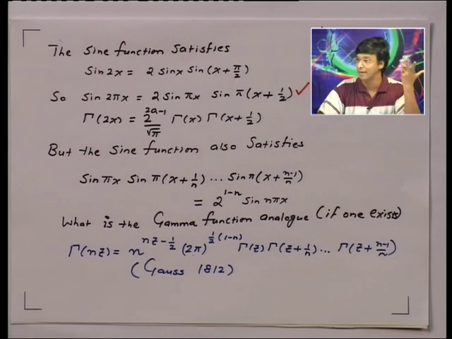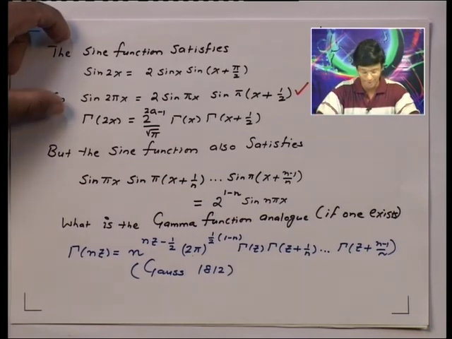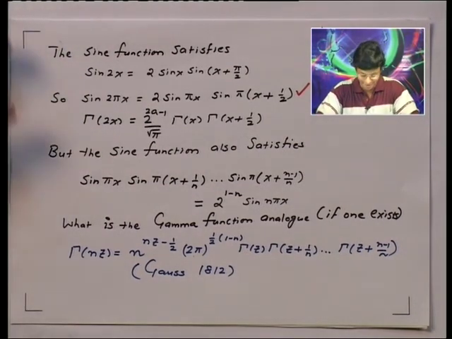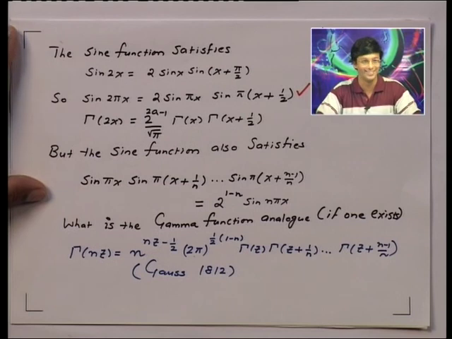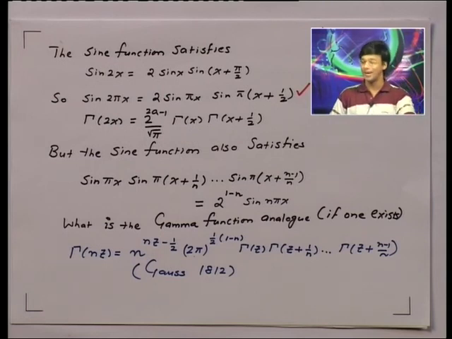And it's a multiplicative relationship. So, duplication formulas for sine, there is an analog of that for the gamma function, which is very interesting. Well, the sine function also satisfies this relationship, sine pi x, sine pi into x plus 1 over n, etc. Sine of pi into x plus n minus 1 by n equal to 2 to the power 1 minus n sine n pi x. Sine has this factorization also.